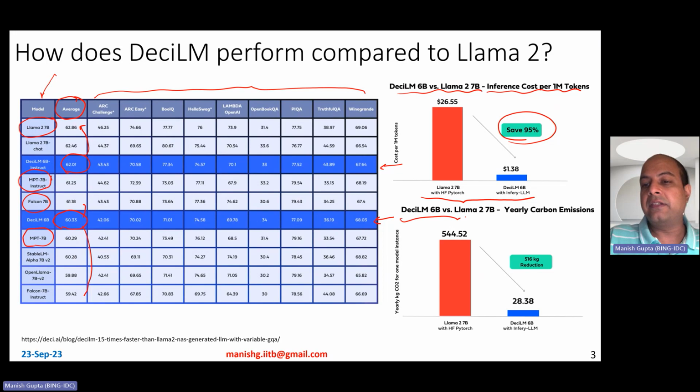If you look at the inference cost in terms of yearly carbon emissions, DeciLM can save a large amount of carbon emissions compared to the Llama 2 model, where these carbon emissions have been computed yearly for one model instance, compared with Llama 2 7 billion.